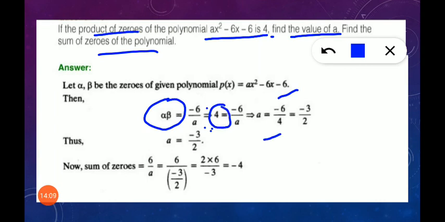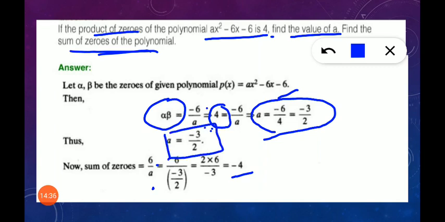When we will solve it, we will get a is equal to minus 3 by 2. Now sum of zeros will be minus b by a, so 6 by a, that is minus 4. After solving we'll get minus 4. That will be the sum of the zeros which we have to find out, and a is equal to minus 3 by 2. We have solved it.